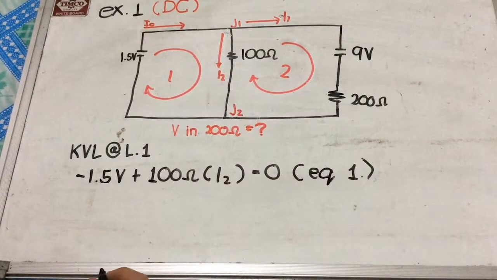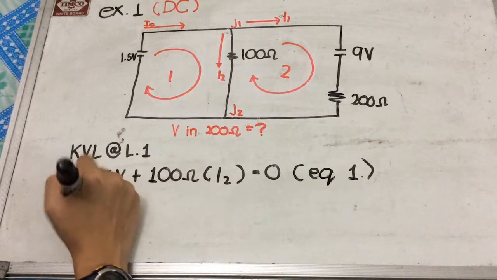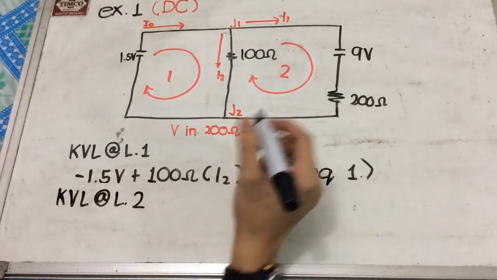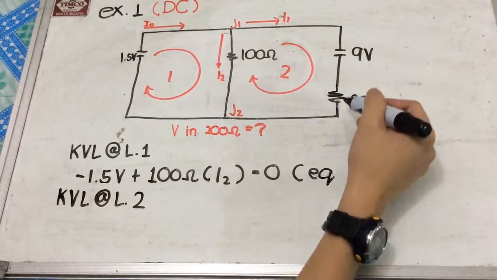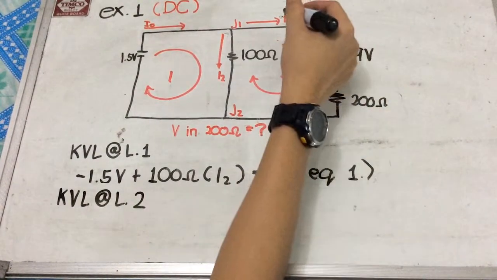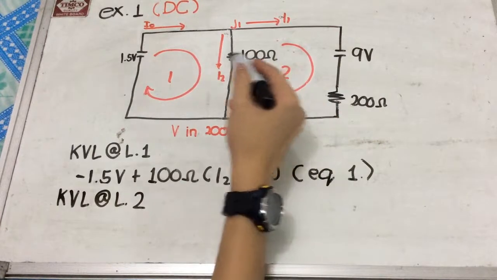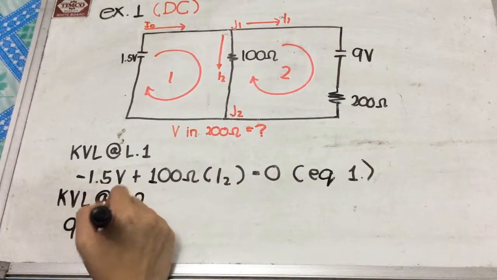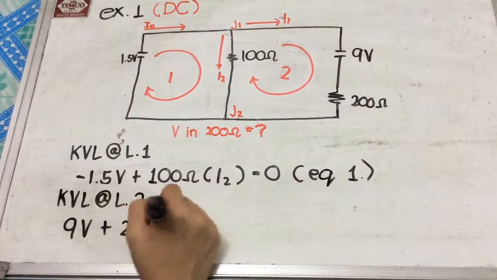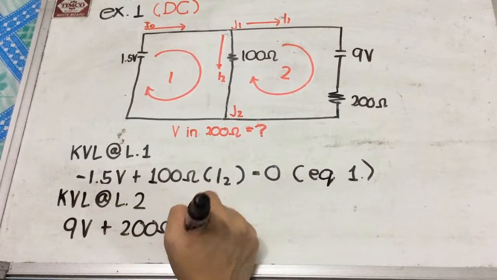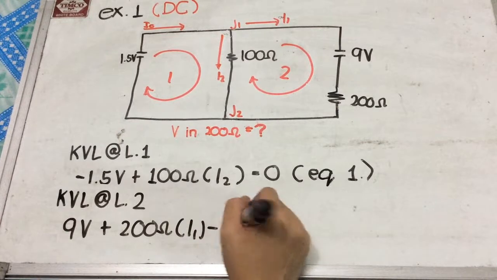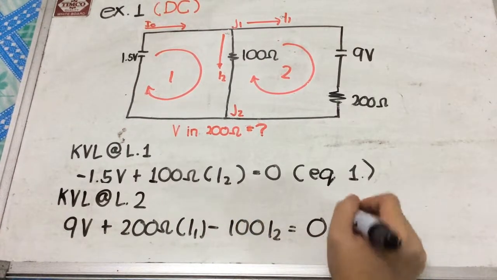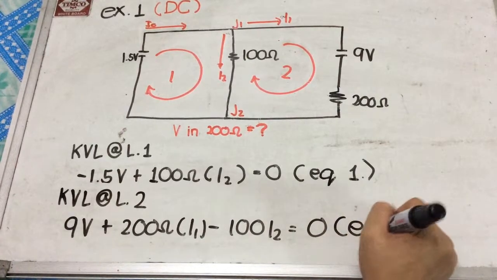Now, using KVL at loop 2, we will have 9 volts plus 200 ohms times I1 minus 100 times I2 is equal to 0. And we will set this as equation number 2.